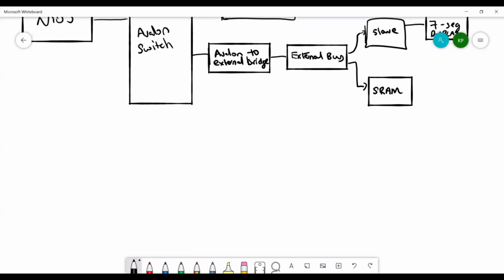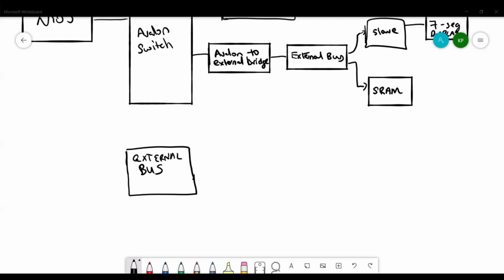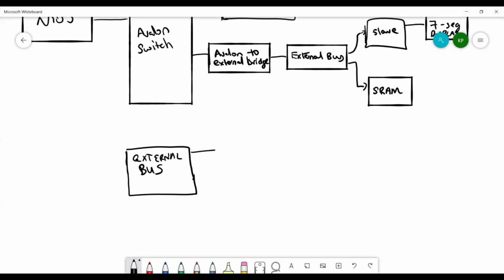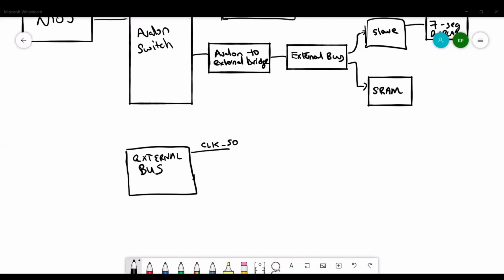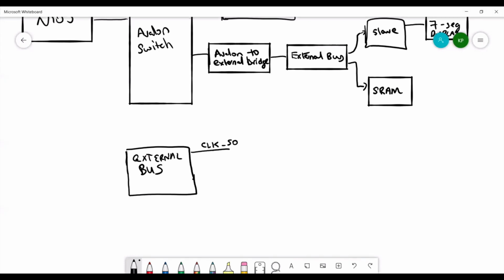So if we draw, so you have Quartus. So maybe not that much detail.